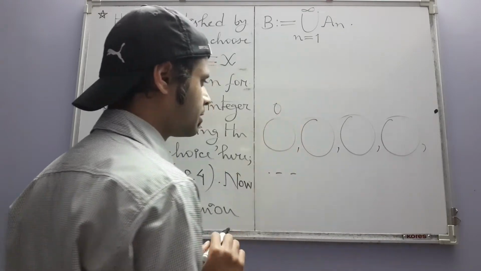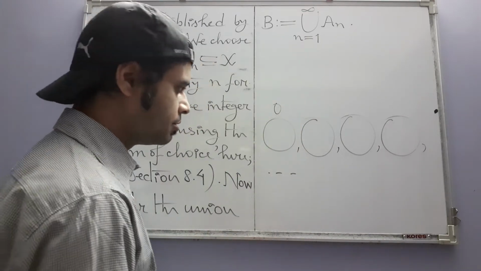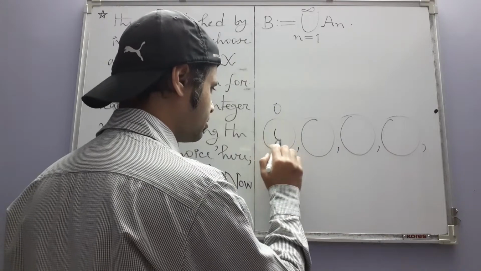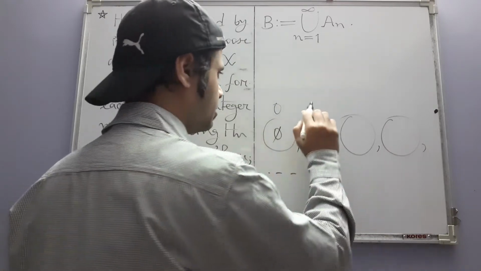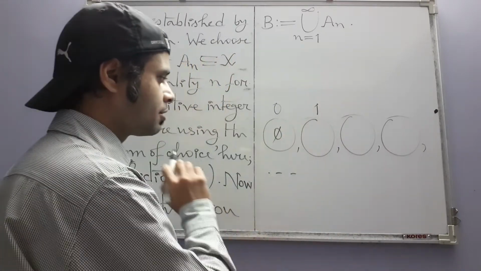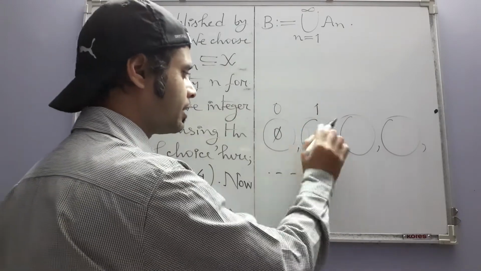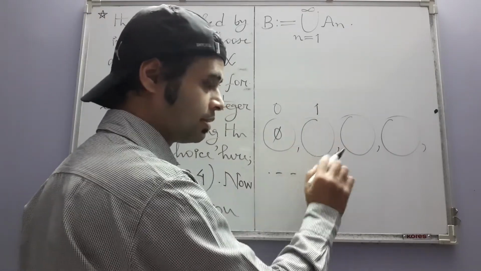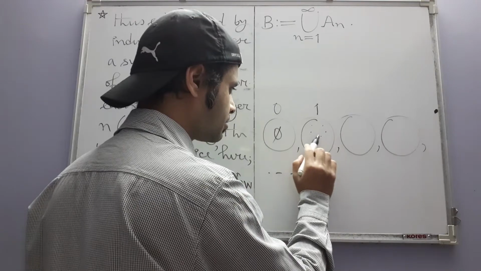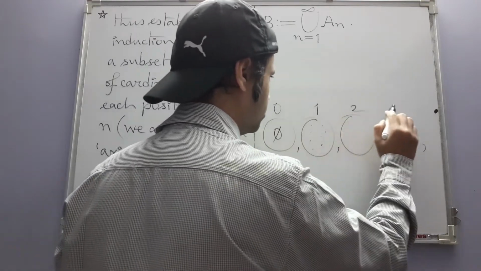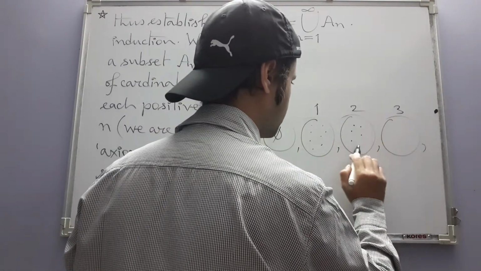This class has subsets of cardinality 0. Well, of course, there is only one element in this class. This class has subsets of X of cardinality 1, and there are many elements in this class which themselves are of course sets, then 2, 3 and so on.